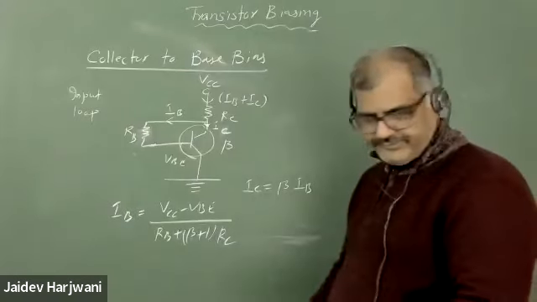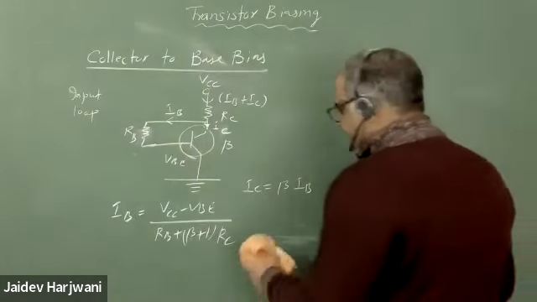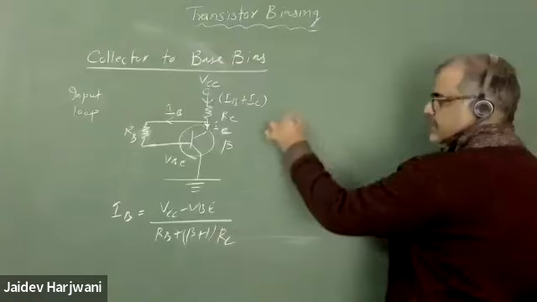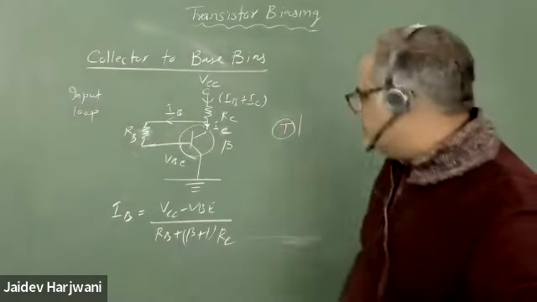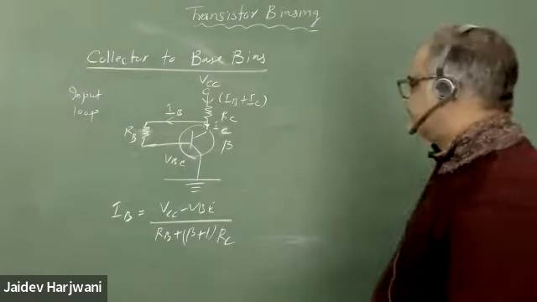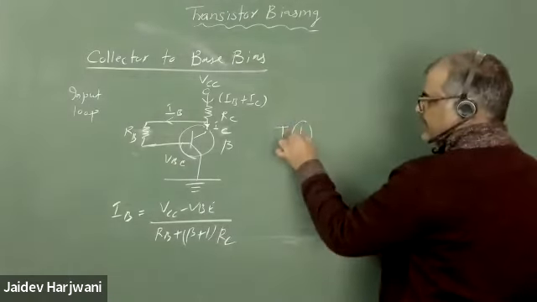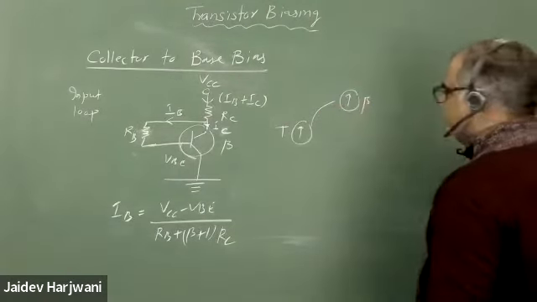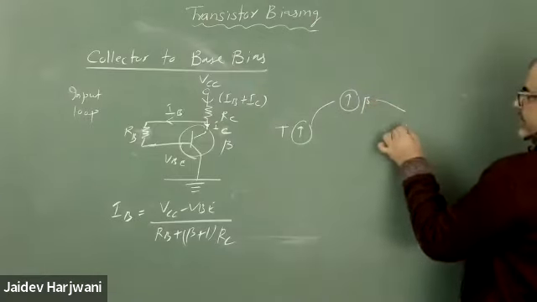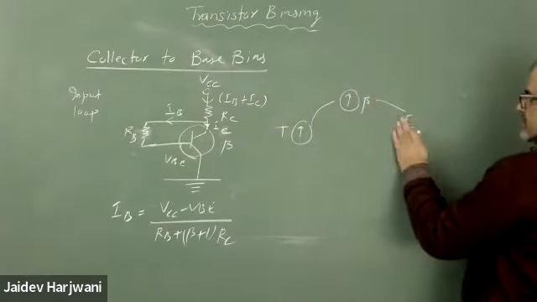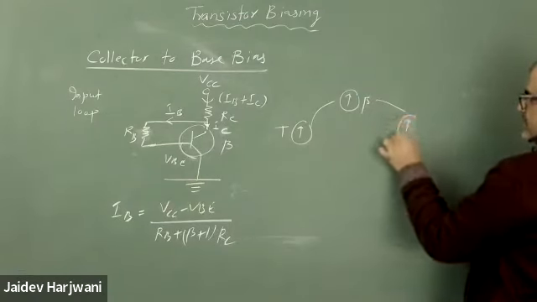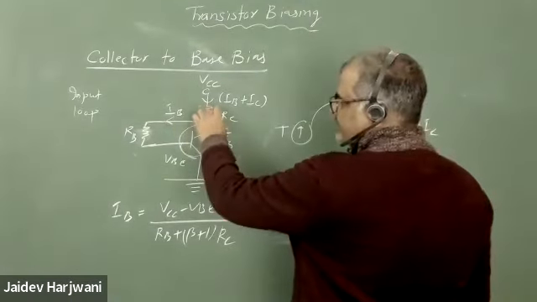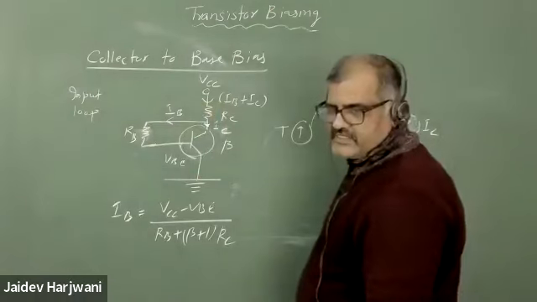So what basically is happening? Let me explain. In this circuit, what happens if temperature increases? If temperature increases, your beta will increase. Beta increases, what will happen? Automatically your IC will increase. Now IC increases, then the voltage drop VRC will also increase, isn't it?